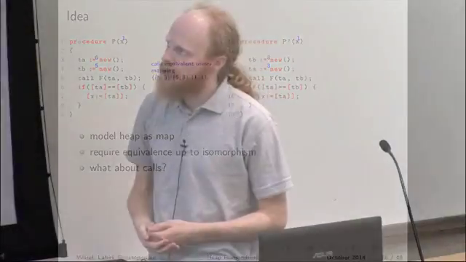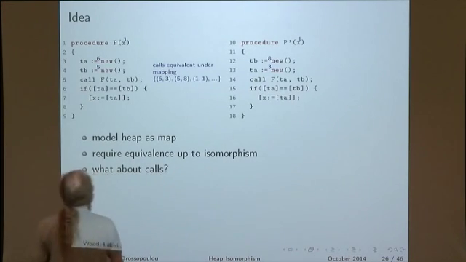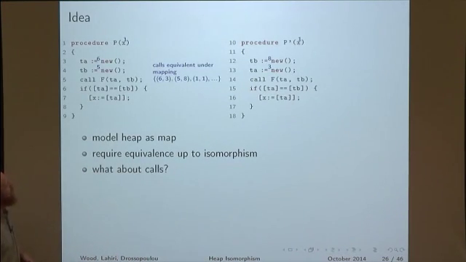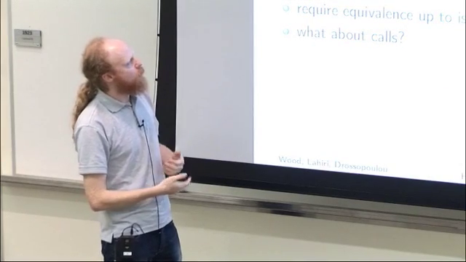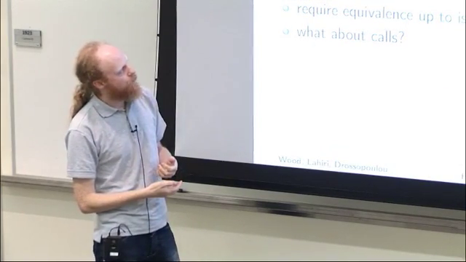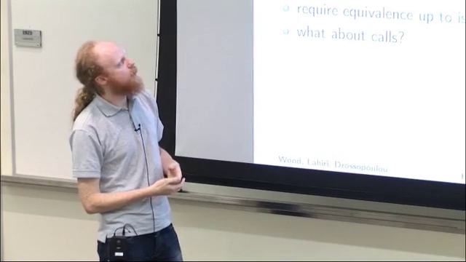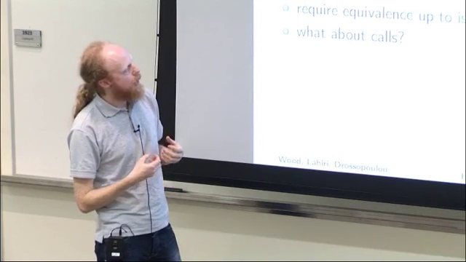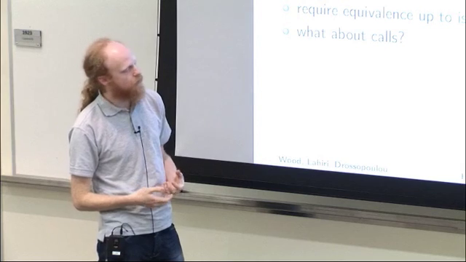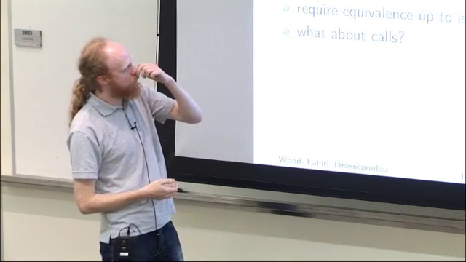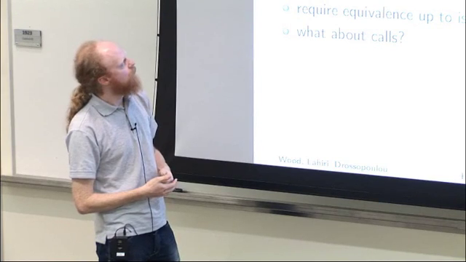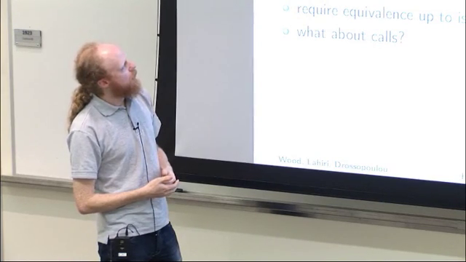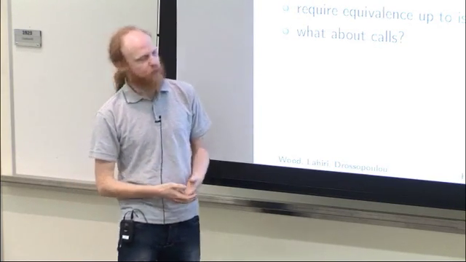So what we're going to do is say that the programs are equivalent if there's some mapping between the addresses, some isomorphism between the objects that have been allocated, that preserves the structure of the states of the programs.